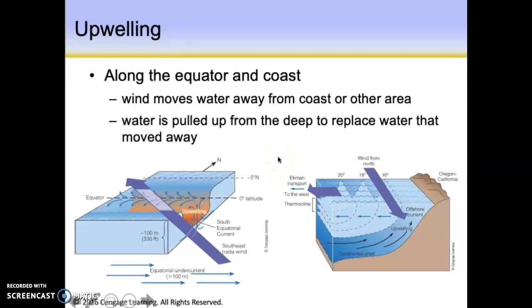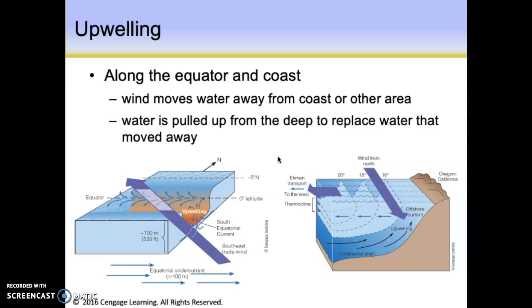Now, how does the water get back to the surface? Well, wind becomes a really important factor here because wind can pull it back up to the surface. And so if wind moves water away from a coast, so just the opposite of what we were just talking about, or if the wind patterns move the water away from an area like we sometimes see along the equator, that can result in water being pulled up from the bottom to replace the water that was removed.